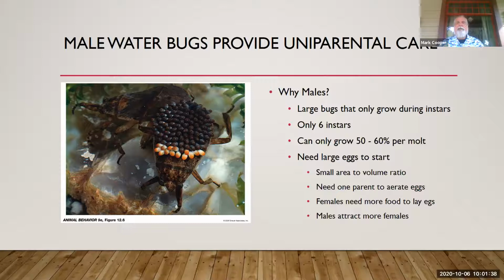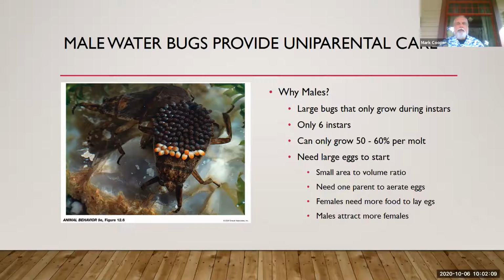And with that growth, they can only get about half the time as big. So to get to that adult size, what they might have to end up doing is start large. So they need really, really large eggs. The female is investing in huge eggs, and it needs a parent to aerate them, which I mentioned is to push oxygen across them so they have enough oxygen for growth. The females, to lay that many large eggs, need a lot of food, so the male takes over that service.